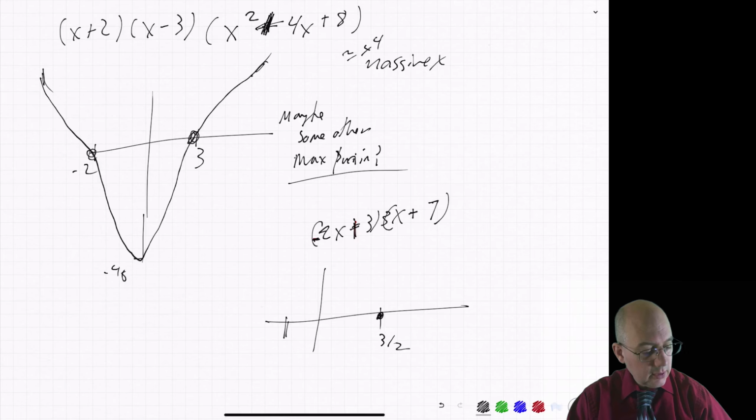I just want to make a point here. Yeah, I got a point. Yeah, 3 halves, and then minus 7/3, which is like minus 2 1/3.